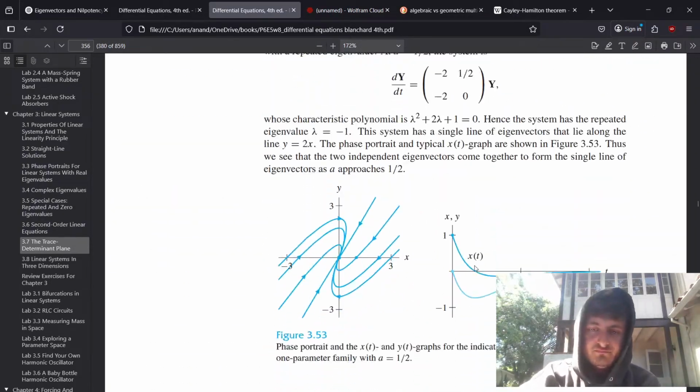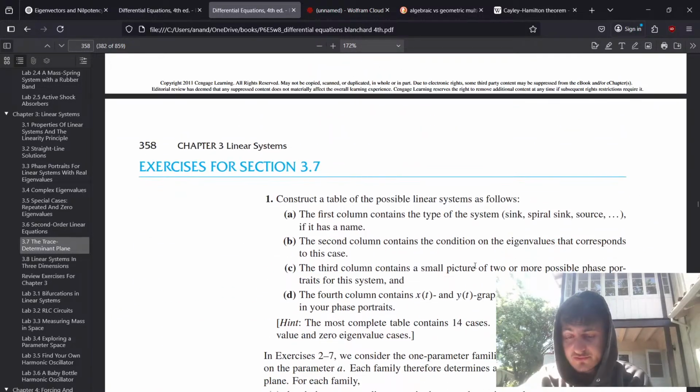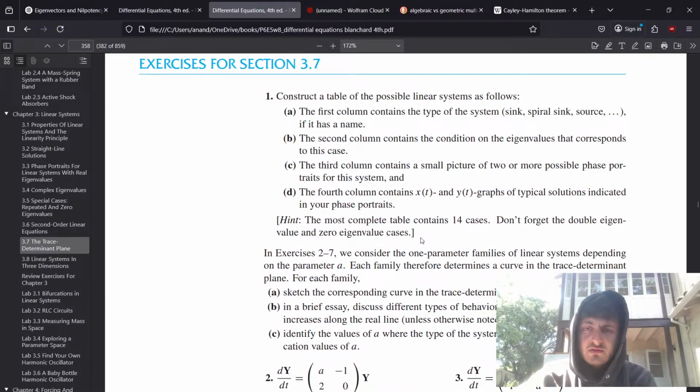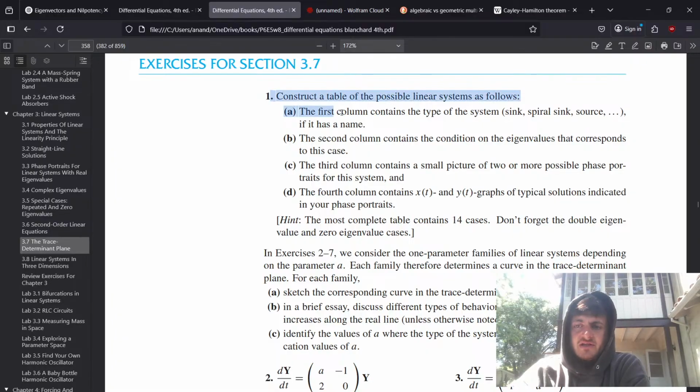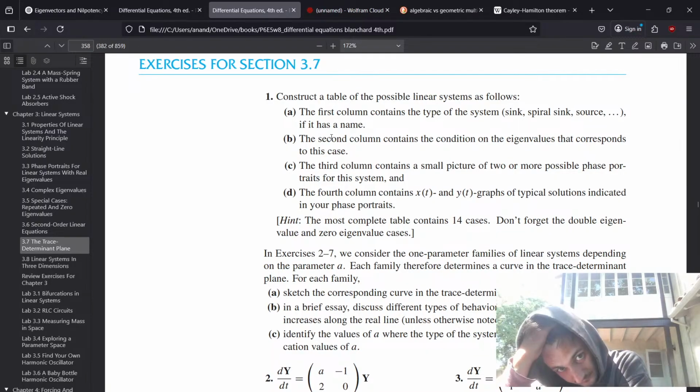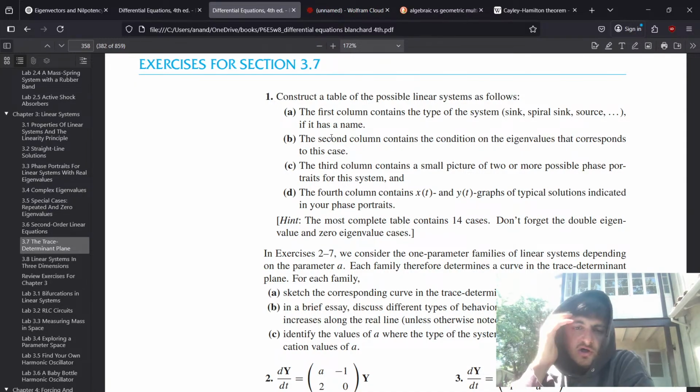Okay. Let's read through the exercises and decide which ones we want to do. All right, construct a table of the possible linear systems as follows. The first column contains the type of system. Whoa.